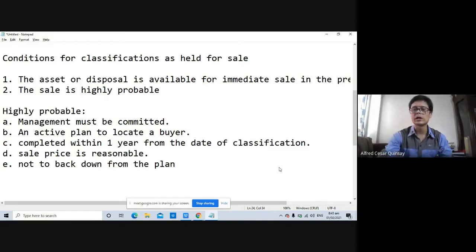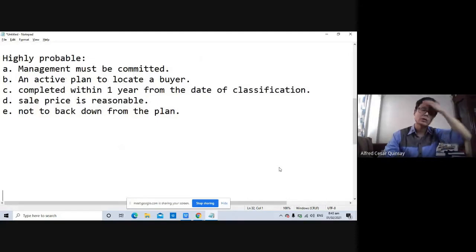Ibig sabihin, tuloy yan. Okay? Walang, uy, sige, pagka ganito, walang kondisyon. Pagka tumaas ang value niya, wag na natin ituloy, gamitin na natin. Well, hindi ganon. So that is not highly probable. So kailangan yun yung conditions, no, para to be classified as held for sale.